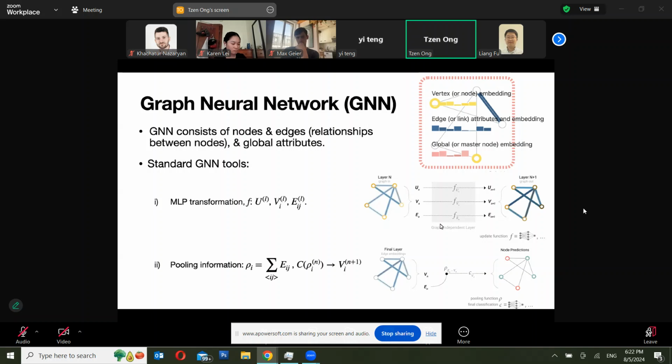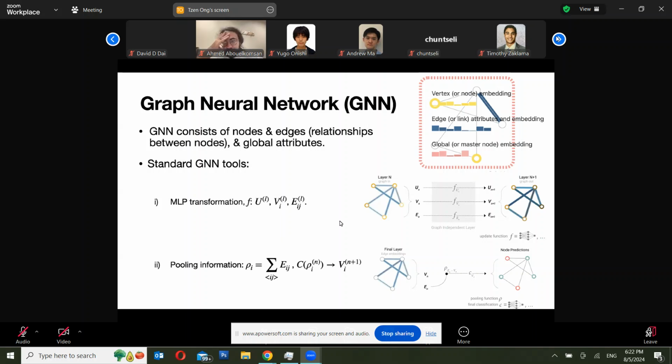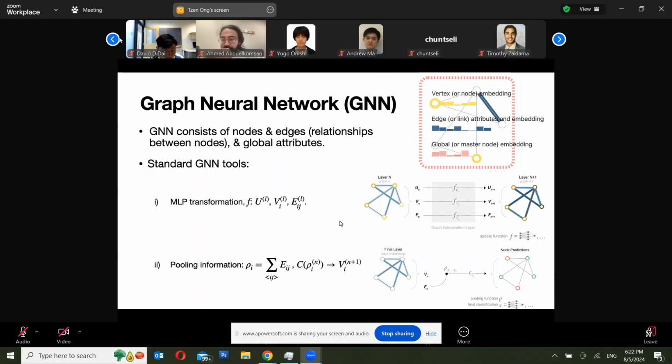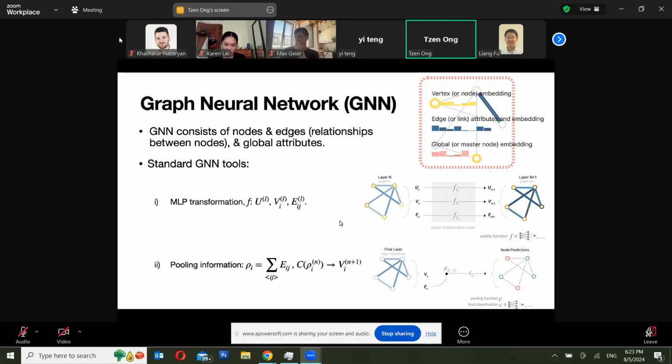Can I ask one question? In each layer, you also have different links, right? Does that mean you construct the layer feature from the information of different neurons in each layer, and then you feed them into the next one? Sorry, what do you mean by different links?